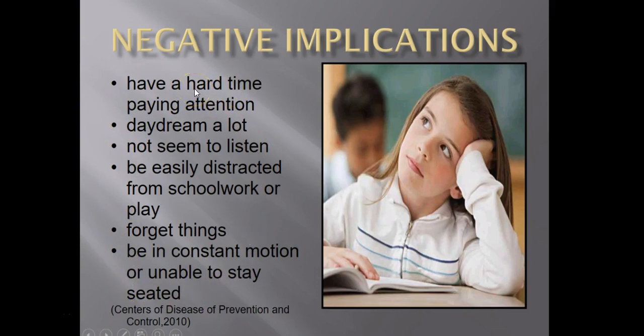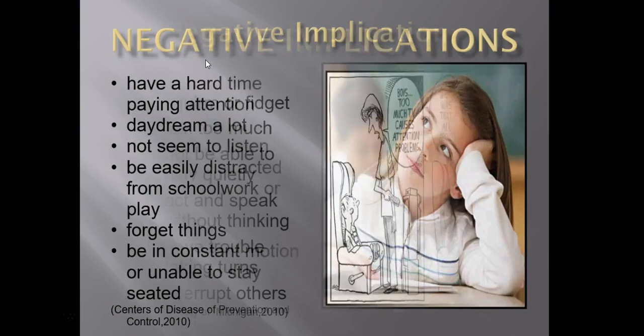What does ADHD have to do with the negative implications? Well, kids who have ADHD have a hard time paying attention. They daydream. They don't seem to listen. This has no place in the section on negative implications. So pay careful attention to the criteria that you're being asked to address.